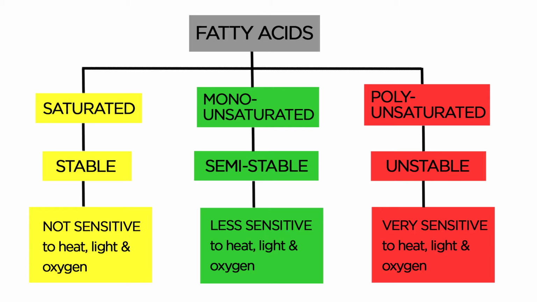Polyunsaturated fatty acids are very highly unstable, and monounsaturated fatty acids are comparatively less unstable, and so they come somewhere in between the saturated and polyunsaturated ones in terms of their stability. And what I mean by being stable or unstable is that when they are exposed to heat or light or oxygen, then the ones that are unstable, their chemical composition changes.